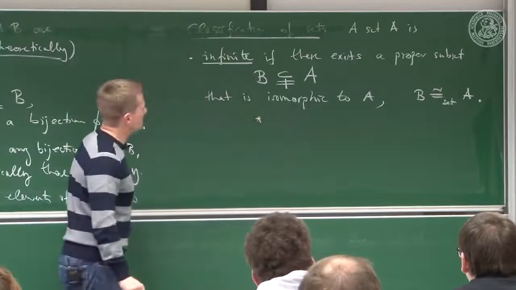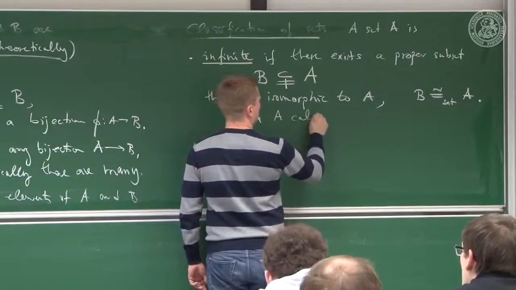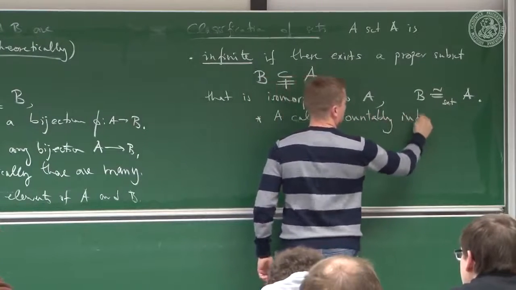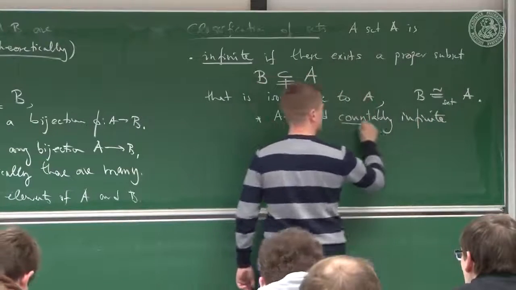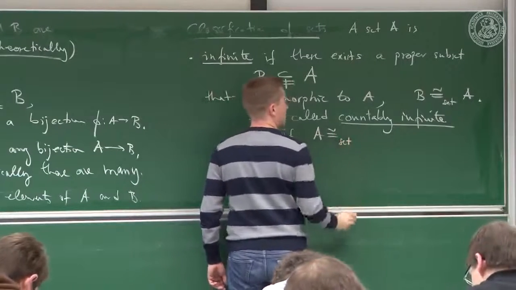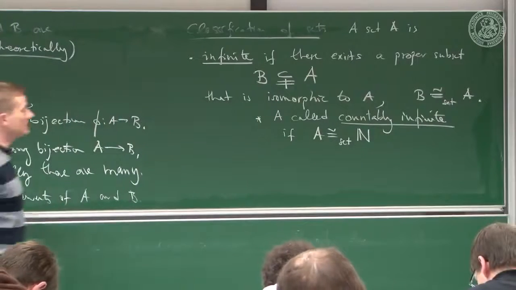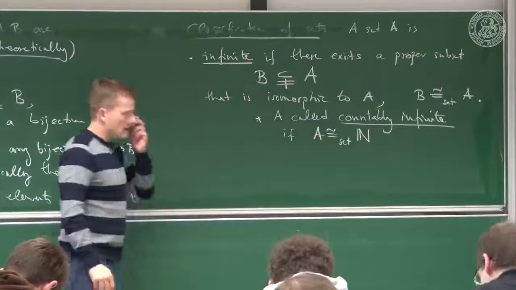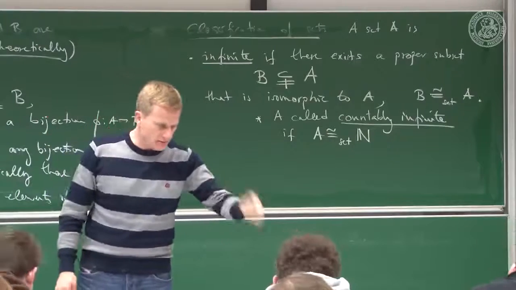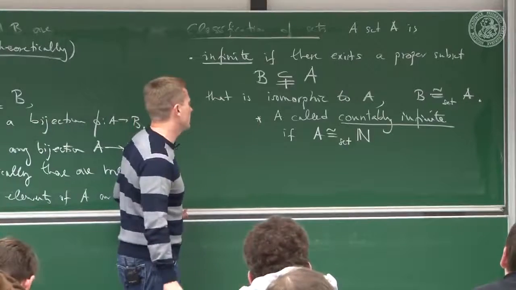A set A is called countably infinite if A is in fact isomorphic to the natural numbers, the non-negative integers. The intuition is if you can label the elements of a set. If you can attach a label to everything, this is number 1, number 2, number 3. If you can label all the elements, the set is called countably infinite.